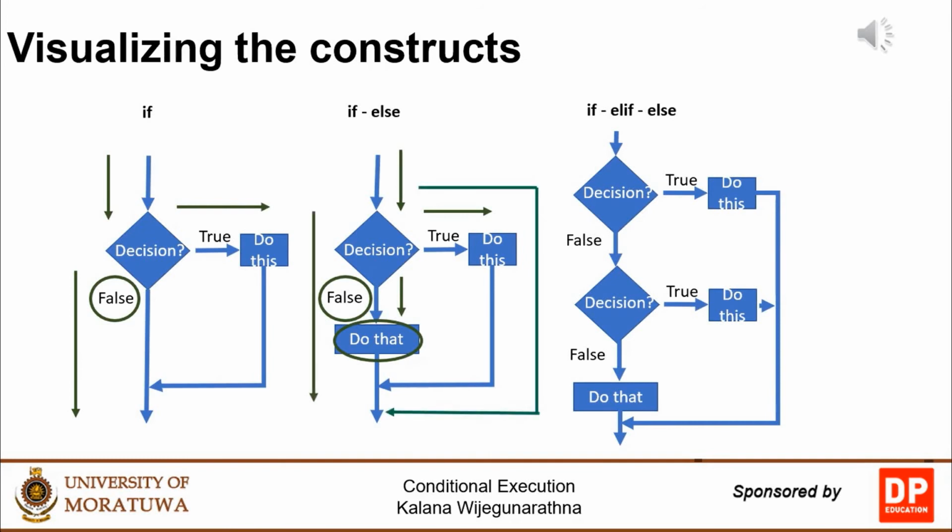The third diagram visualizes a block with an if, elif, and an else statement. Notice how when the first if statement or any of the subsequent elif statements return true, we do not check the following elif statements.